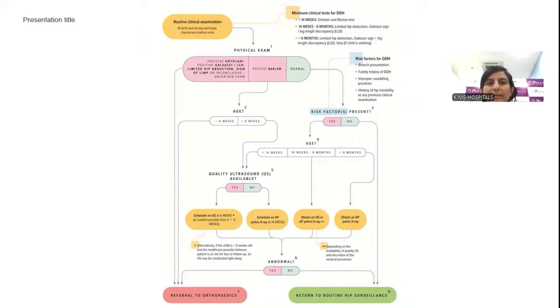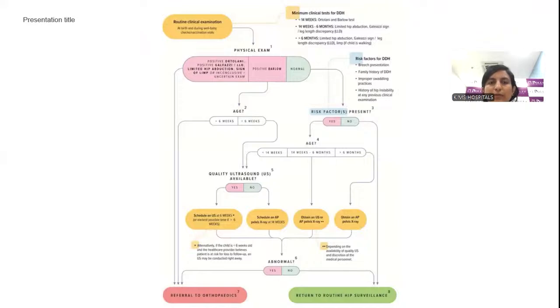And the clinical examination which is usually used is Barlow's and Ortolani's test in less than 14 weeks. Between 14 weeks to 6 months, it is limited hip abduction, Galeazzi sign, and limb length discrepancy. And beyond 6 months, it is limited hip abduction, Galeazzi sign, limb length discrepancy, along with Trendelenburg sign positive or limping gait. And in some cases, we can also see lumbar hyperlordosis.